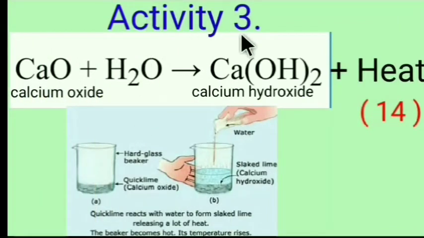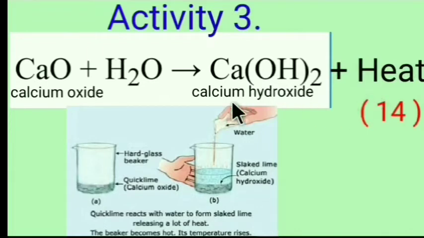Activity number 3. Take water in a beaker up to half of its capacity. Add a few pieces of quicklime, that is calcium oxide, to it. There is formation of calcium hydroxide. By the combination of calcium oxide and water, a large amount of heat is generated.